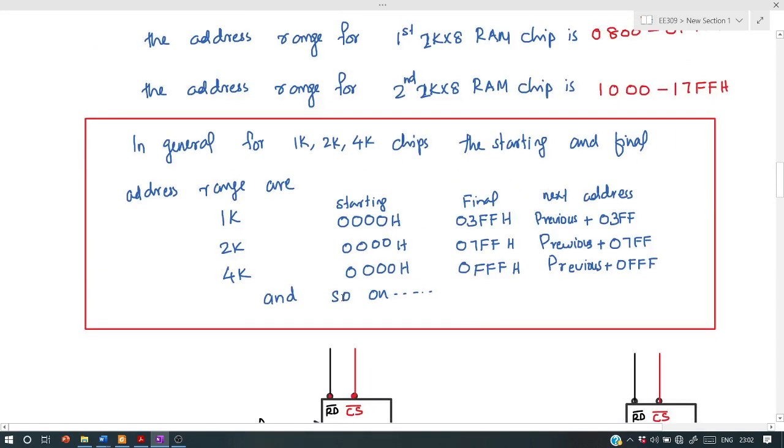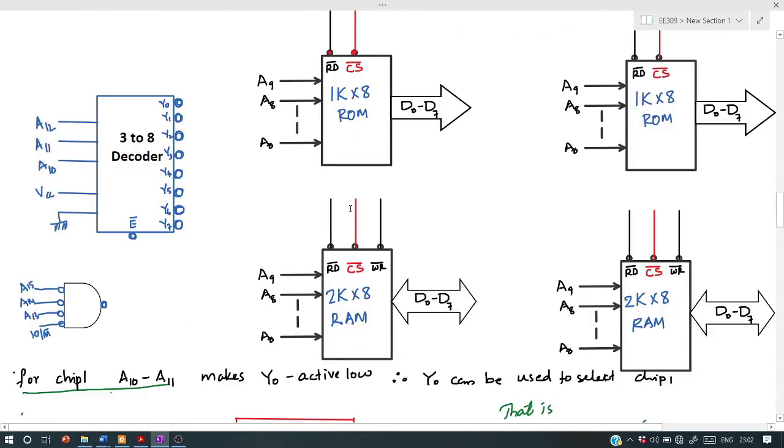Now let's see the different memory chips and additional circuitry in order to draw this interfacing circuit. Here we need two 1K into 8 ROM chips. In ROM, the data bus is only unidirectional. We can take only data, that is, only a read operation is possible through ROM.